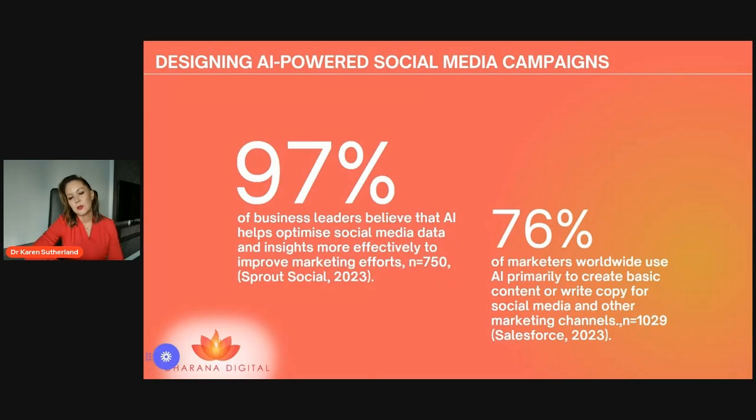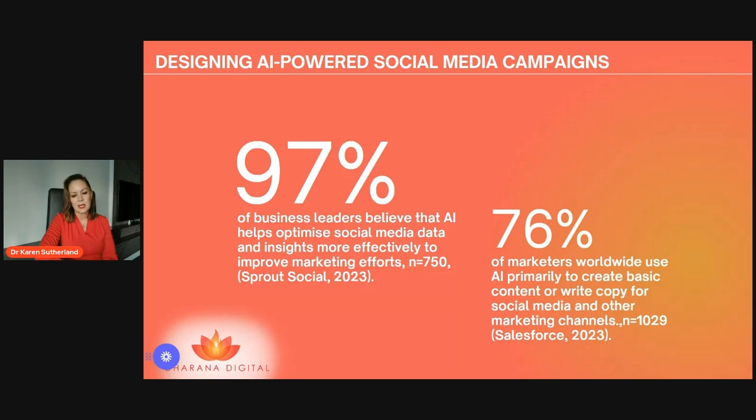I also like to provide some statistics in each of my webinars, just to give you some context to really set the scene of what is happening, particularly in the marketing space around the use of AI. There are a lot of industry studies happening right now about how people are adopting it, how they're using it, particularly in a marketing context.